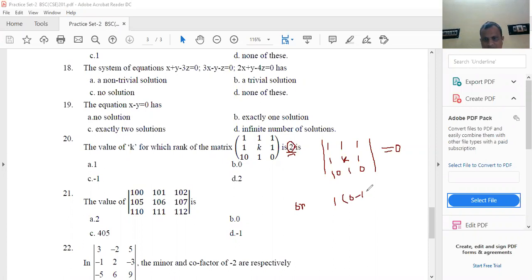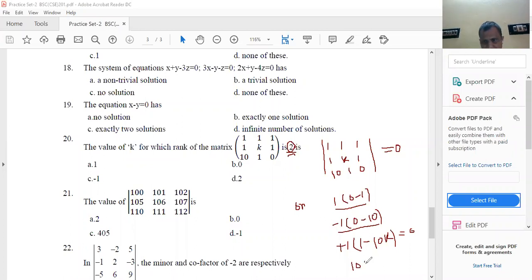Next one should be minus 1, minus 1 into 0 minus 10, and the last one becomes plus 1, 1 minus 10k. That should be equal to 0. After calculation this becomes minus 1, this becomes plus 10, so the ultimate result becomes 9 plus 1, 10, minus 10k, that means the ultimate result becomes 10k.